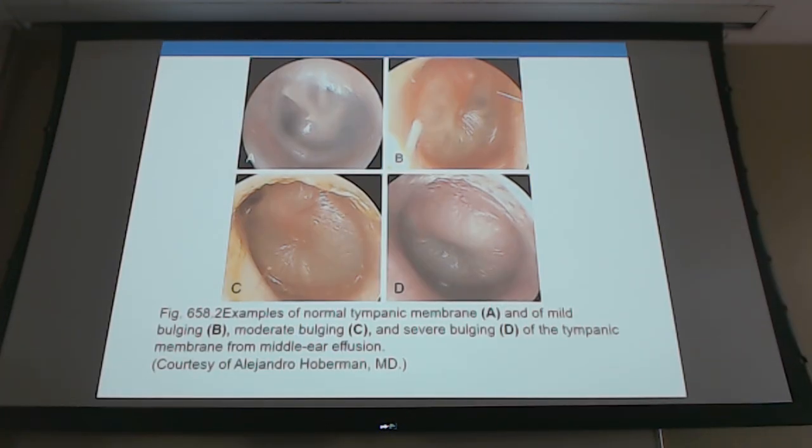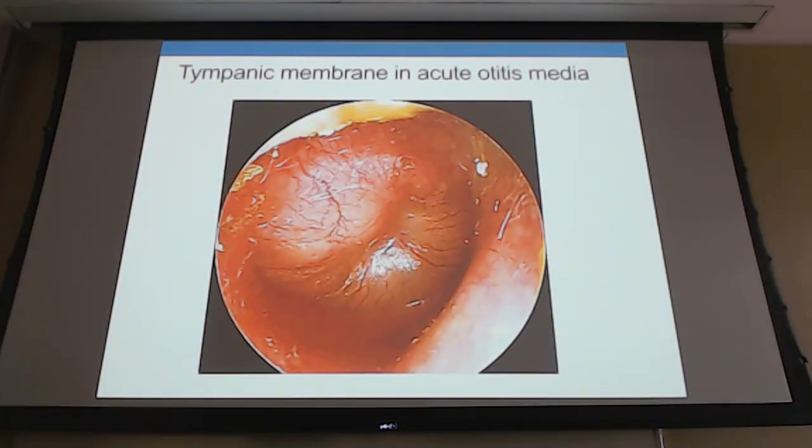D is when you're starting to look a little bit more like that, but you don't necessarily see the hyperemia or the inflammation of that yet. This one though, you're thinking to yourself, that looks like an infected cervix. That's a true acute otitis media. So maybe that doesn't work for all of y'all. Maybe you'll never forget it. We'll see.